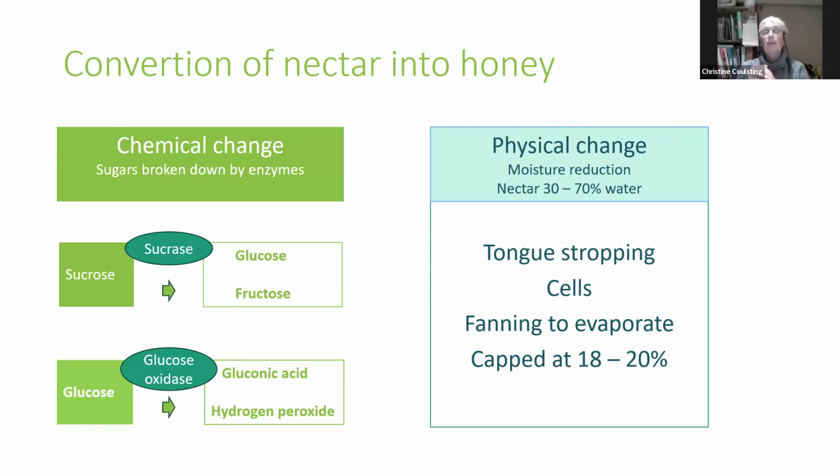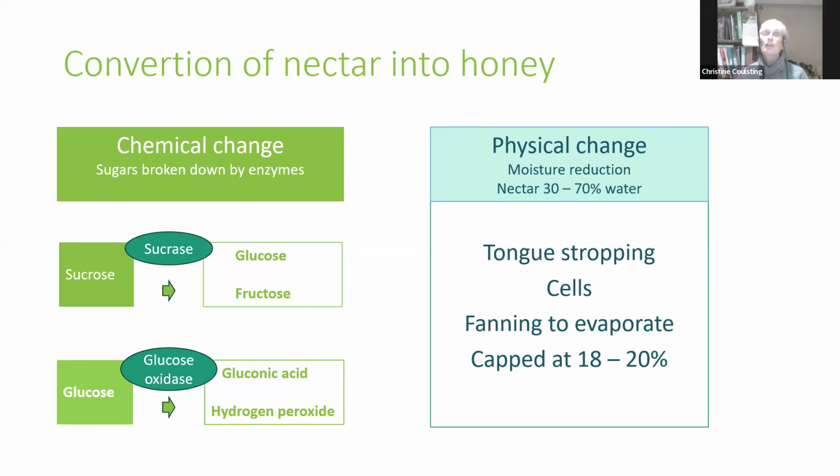If you've looked closely, the tongues tend to be folded underneath, and they extend the tongue, which produces a very thin film of nectar. And doing this tongue stropping backwards and forwards, they would do it, some people say 80 times, some people say for 20 minutes, but they're doing that and they'll be fanning within the nest to evaporate the moisture.